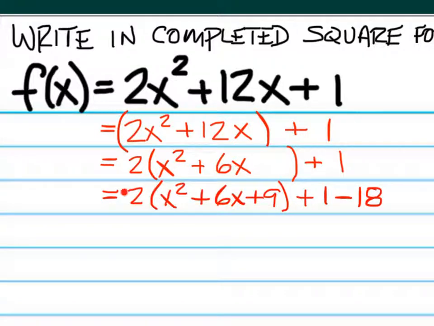This is plus 18, so now we have minus 18. What should I do next? You have to write it in the completed square form next. Remember that you use the variable, the sign from the middle, half of that middle term, square the quantity, your 2 stays outside, 1 minus 18 is minus 17.